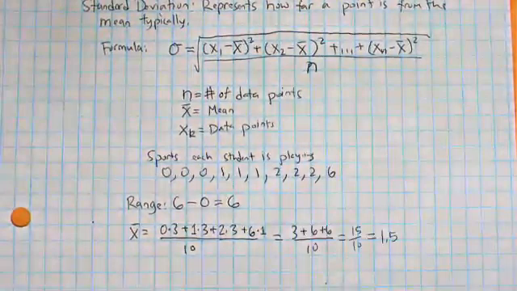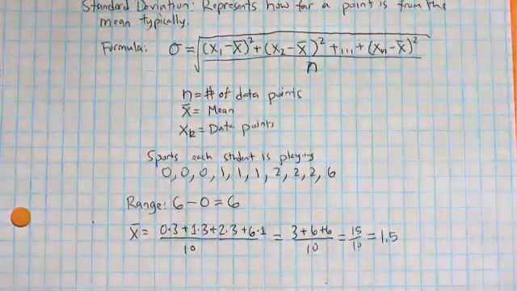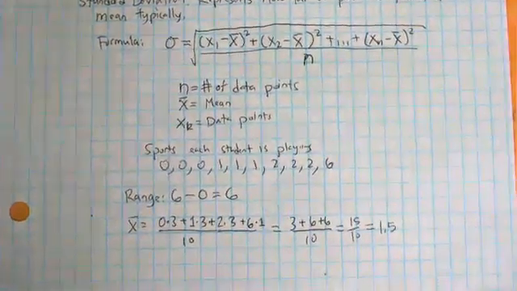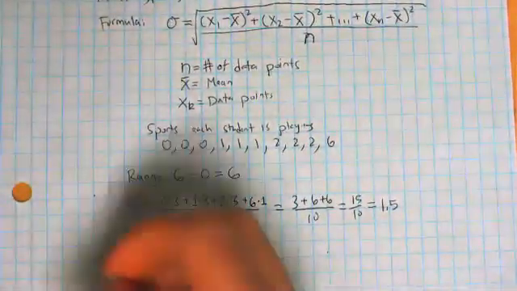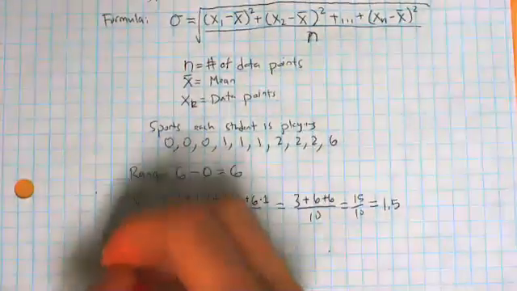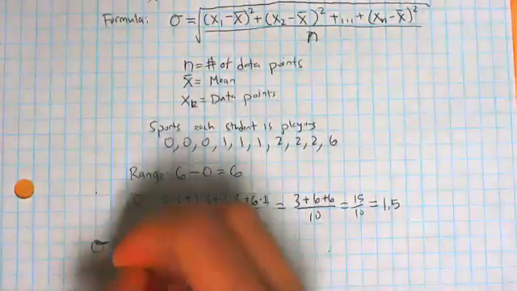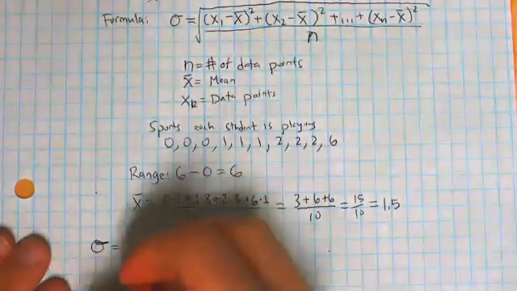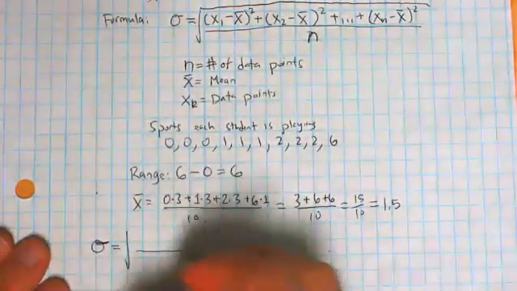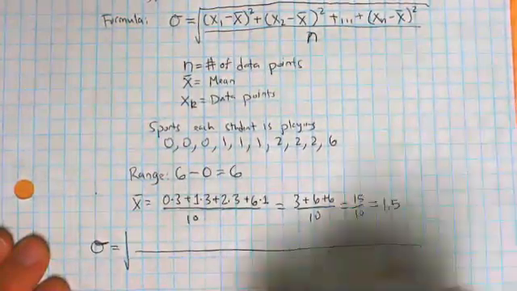Okay, so that was step 1. Now step 2 is we actually need to set it up. So let's go ahead and write this down. I'm going to try and make sure that we still can see the formula as I plug it in, and you can see this written out in all of its glory, at least this one time. Oops, that's sigma. That's not supposed to be a curly O. Okay, so we're going to have a square root symbol in here, and a big, long fraction.